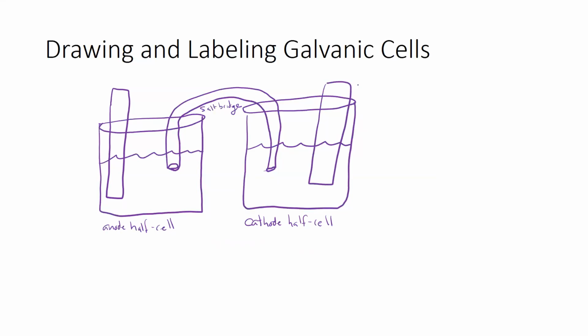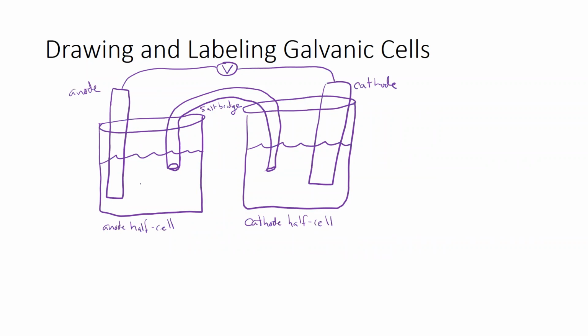On the right, it'll be the cathode. On the left, it'll be the anode. And those will be connected. Oftentimes you'll see people write in a voltmeter in here. That's what's measuring the potential difference between those two cells.